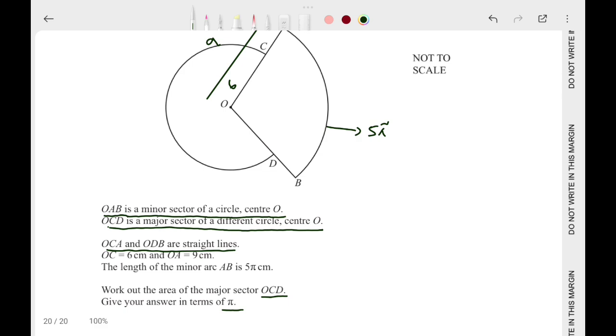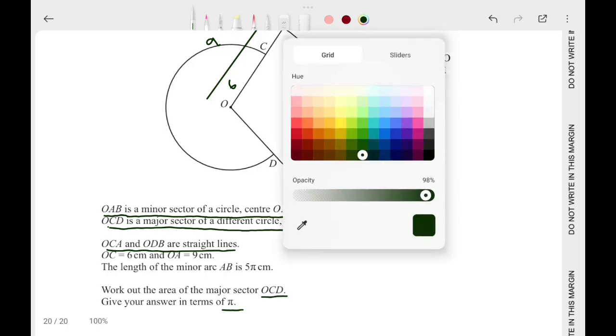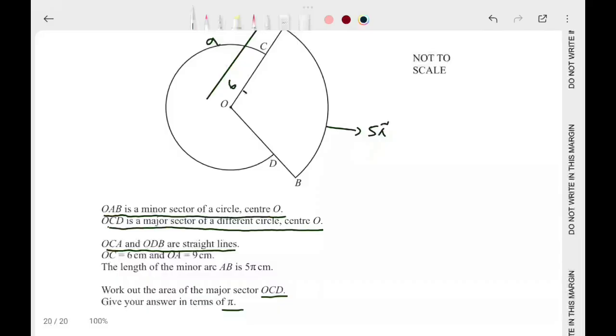So for that purpose, first of all we need to find out the angle, that is unknown.